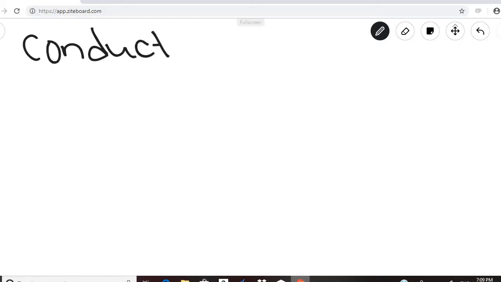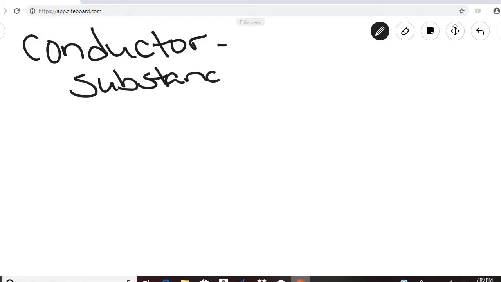Okay, a couple of terms that you should think about with regard to electric charges. So a conductor is a substance in which electrical charges flow freely, or flow easily.